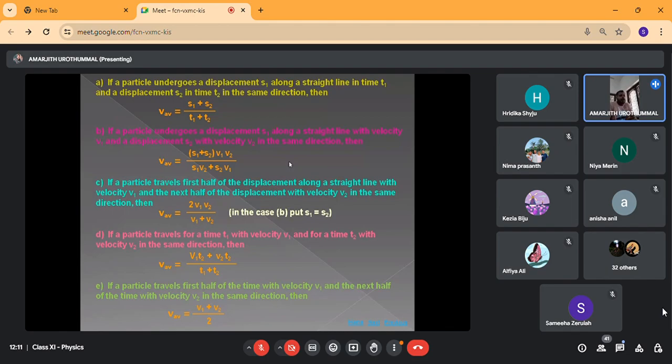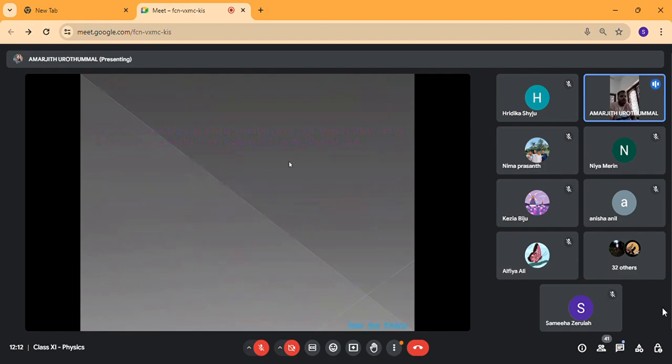Now the case half time with velocity v1 and remaining half time with velocity v2. Normally, if we have two velocities or two things, in order to find the average, what we will do is we will add them and divide with 2. That we can do in the case of velocity only in one case. That is, half time it is traveling with a velocity v1 and remaining half time it is traveling with a velocity v2. Then v1 plus v2 divided by 2.